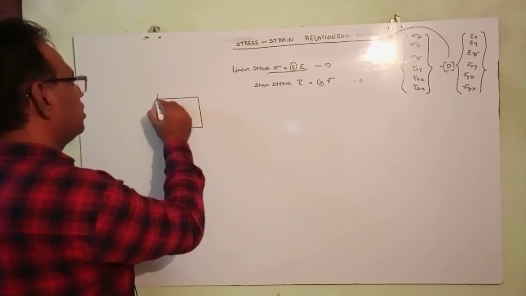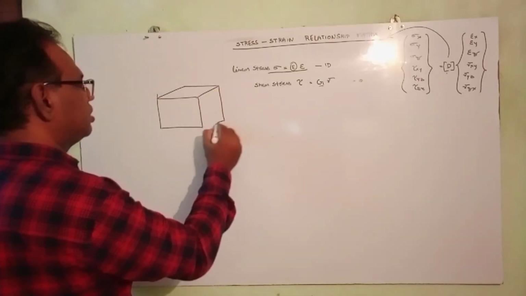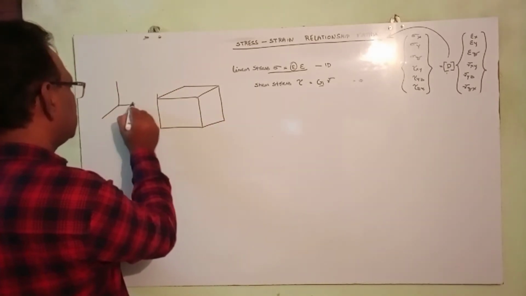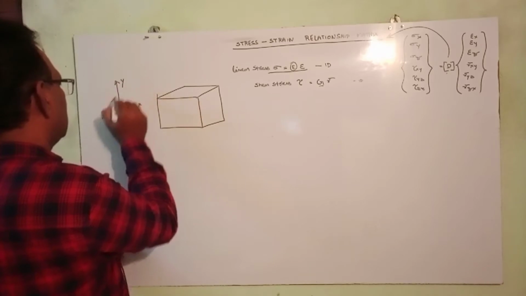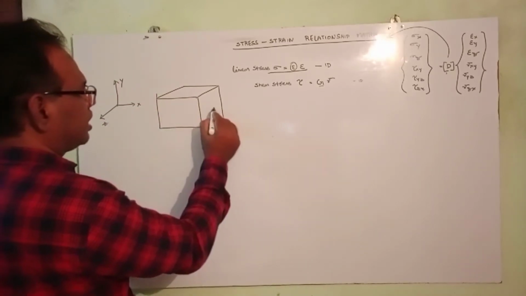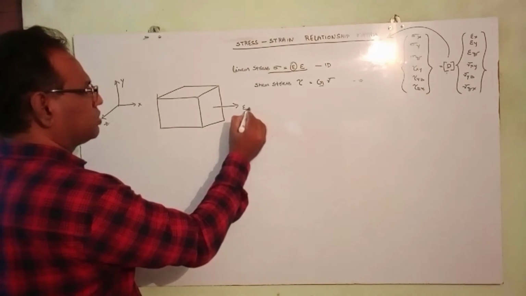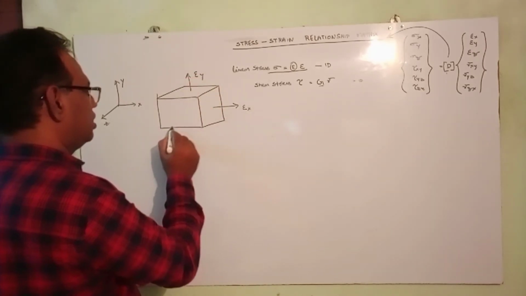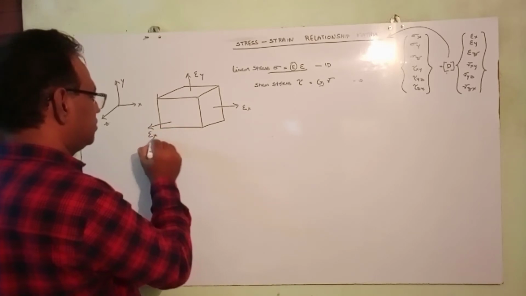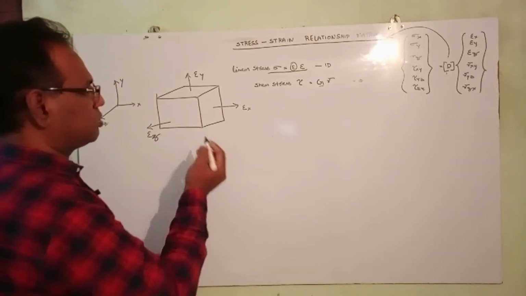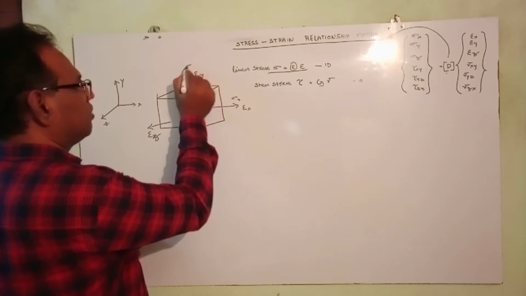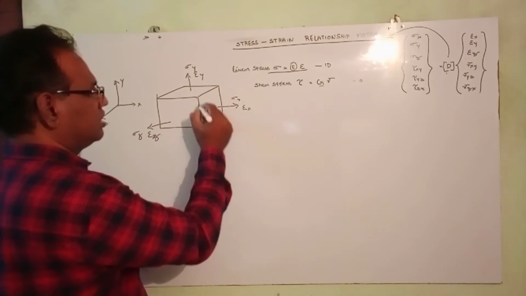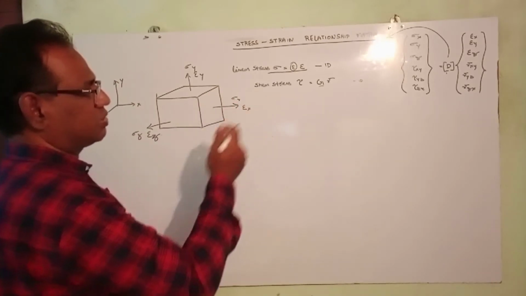Now I am going to derive it. Suppose you consider this element, with these x, y and z directions. The strain in the x direction is epsilon x, in the y direction epsilon y, and in the z direction epsilon z, with corresponding stresses in x, y and z, and these are the strains on the xy plane, yz plane, zx plane.